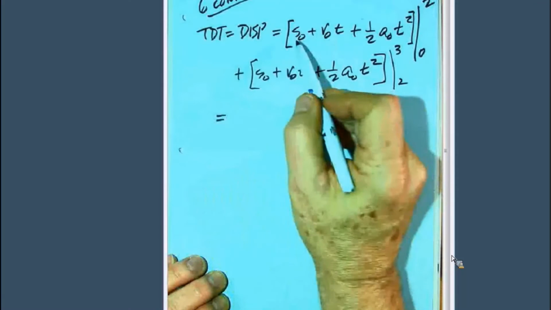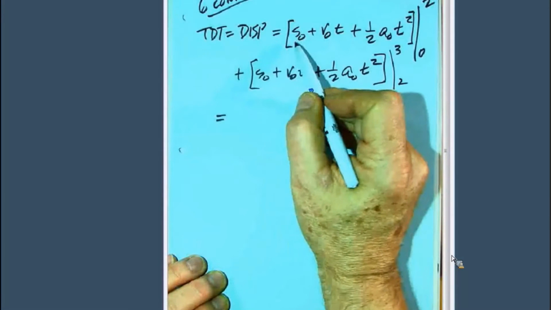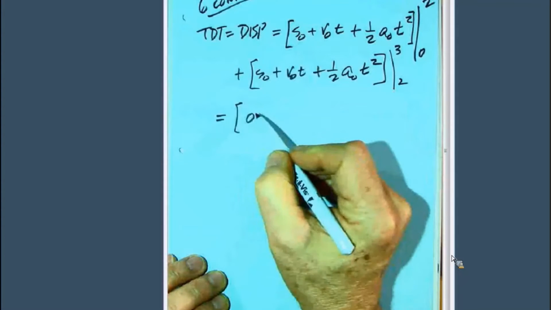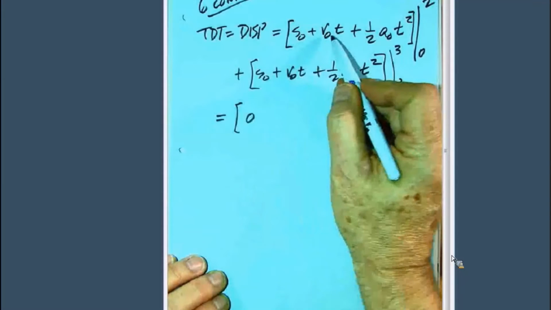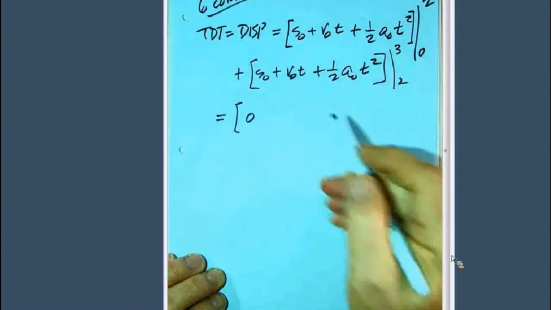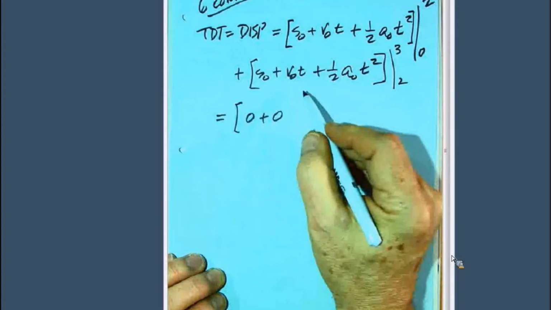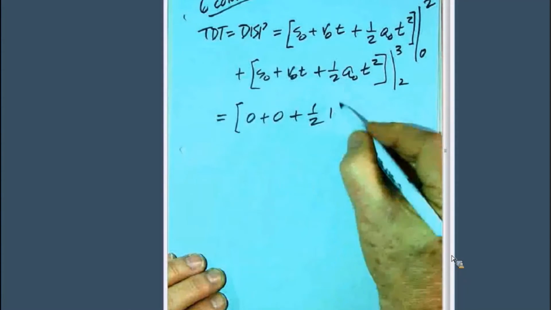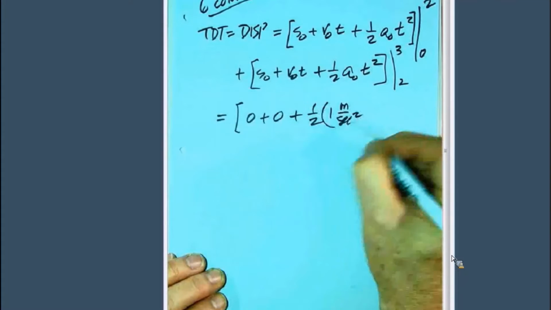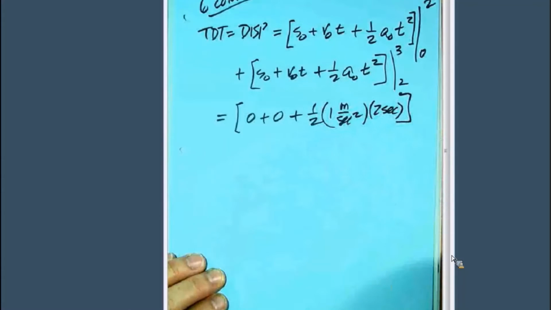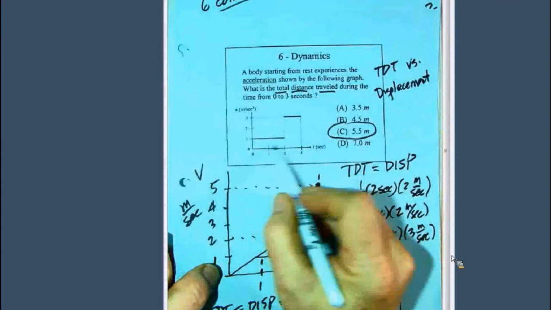Okay, so we want to know how far we're going to go. Well, we're starting from scratch, so we're starting with 0, and the problem says a body starting from rest. So they tell you it starts from rest, so V0 is 0, and then plus the 1/2 times 1 meter per second squared times the 2 seconds squared. That's this part right here from 0 to 2.